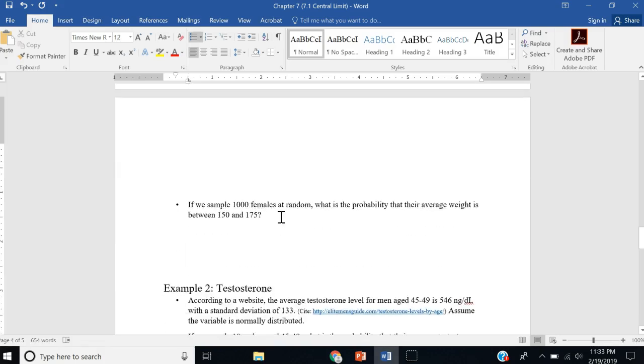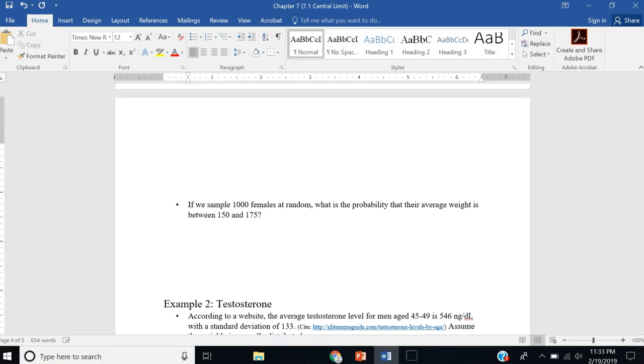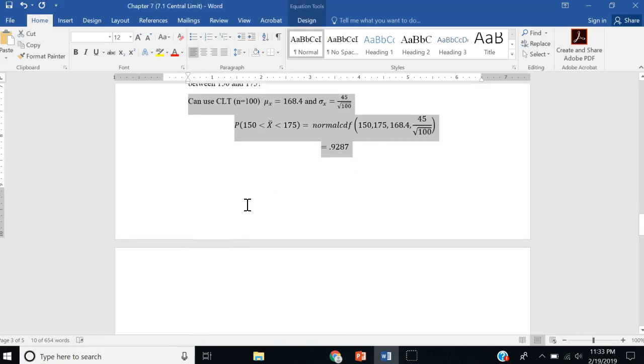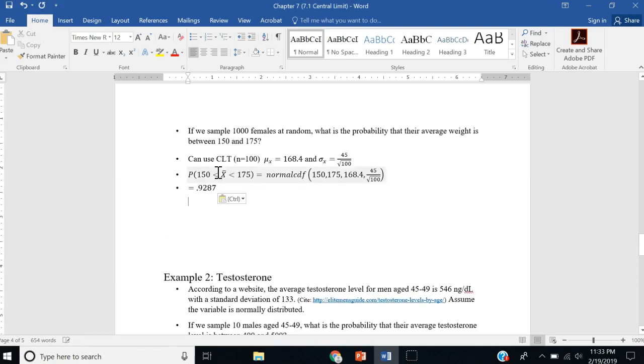What's going to happen if we have 1,000 females? We're basically going to do the exact same problem we just did, but instead of 100, we're going to use 1,000. We can still use the central limit theorem because n being 1,000 is plenty big. It's well over 30. My average of the samples will be 168.4.